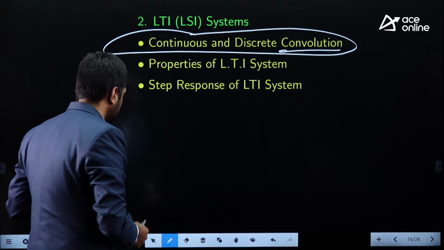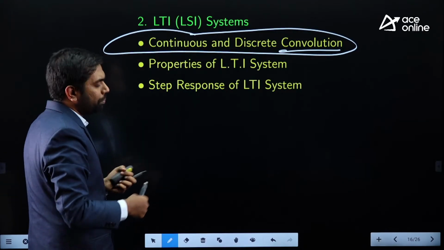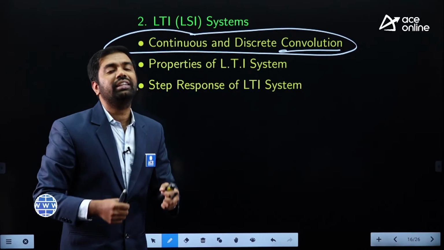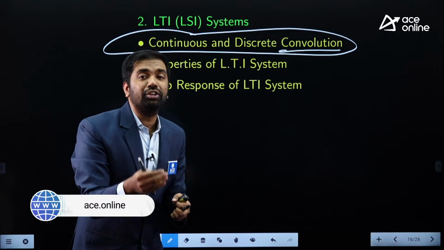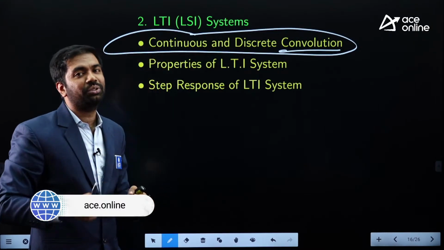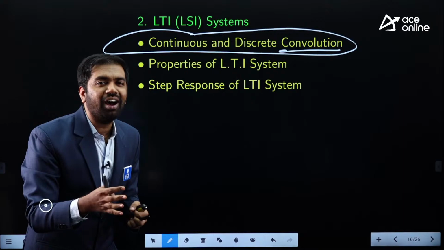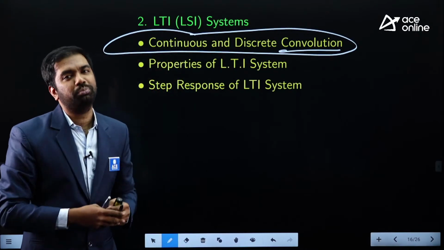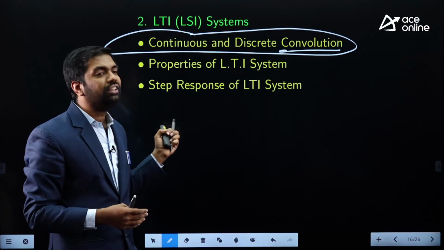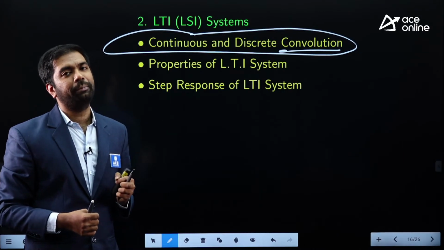Along with this, you should also know, if systems are connected in cascade, how do you find the response due to these cascaded systems? If systems are connected in parallel, what could be the overall output response? You should also learn those things in this chapter.